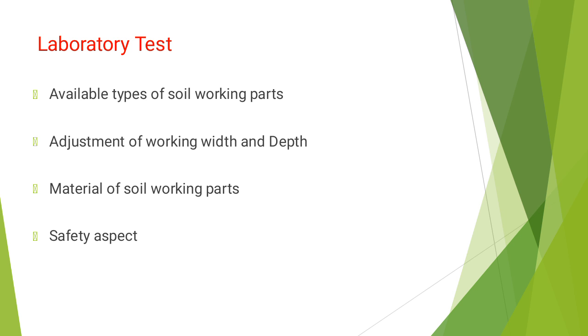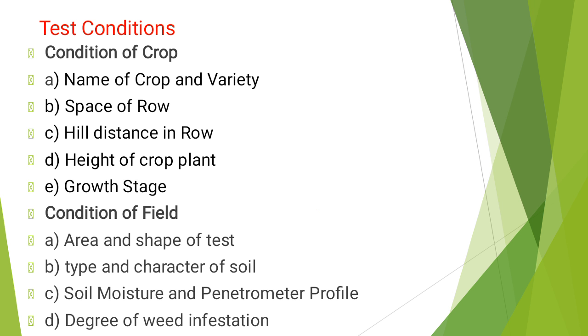In the laboratory test, we check the available types of the soil working parts, check the adjustment of working width and depth, and find out the material of the soil working parts and the safety aspects.